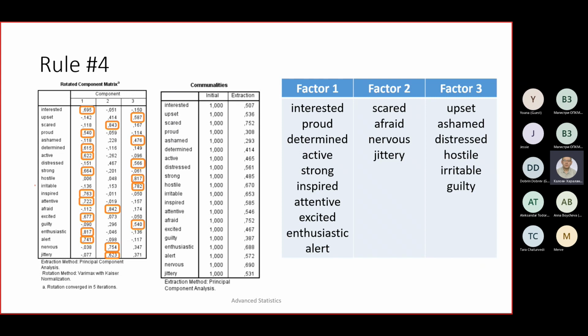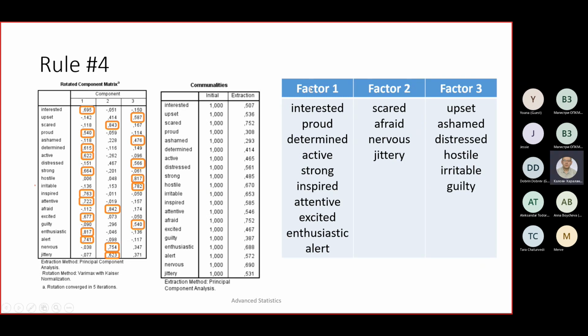The second basic step is to identify the correspondence between items and factors, and we just did it. We have lists with items for each factor. And the third basic step is to give names to these factors.